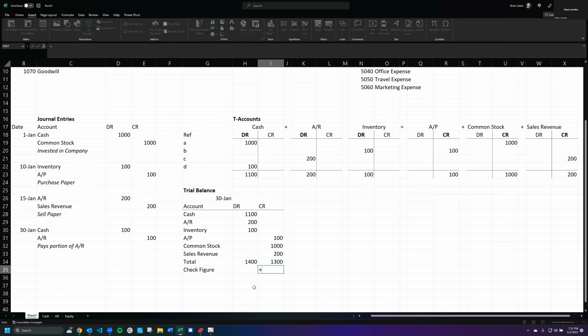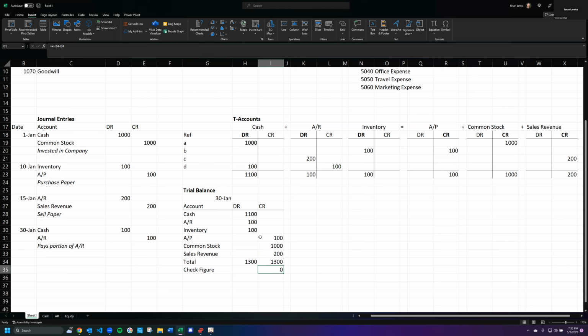So if I do that minus that, I should be zero, but I'm $100 off. So then I have to go back and ask, where did I mess up? I messed up right here. So I have to put the 100 in. Once I put the 100 in on the T account, it'll transfer to the trial balance, which will then show that I have a zero and therefore I balance on debits and credits.